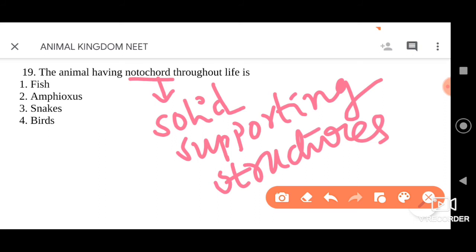So now we need to identify among the given 4 options, only notochord should be present from the beginning to the end of life. That's where we use the term throughout life. So the answer is Amphioxus.